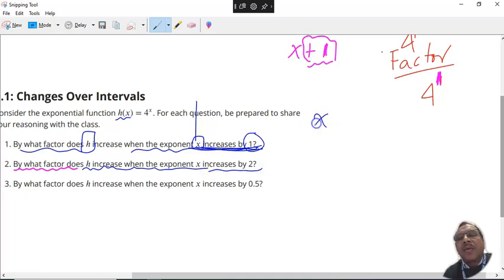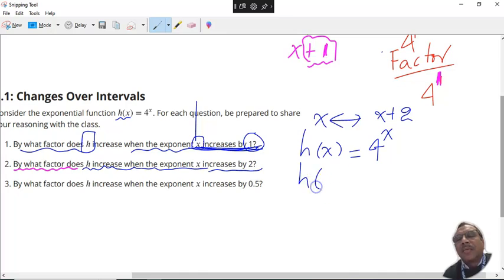So that means in place of x, you replace it by x plus 2. So h(x) was given to us as 4 raised to x. In place of x, you're replacing it by x plus 2. So this becomes 4 raised to x plus 2.